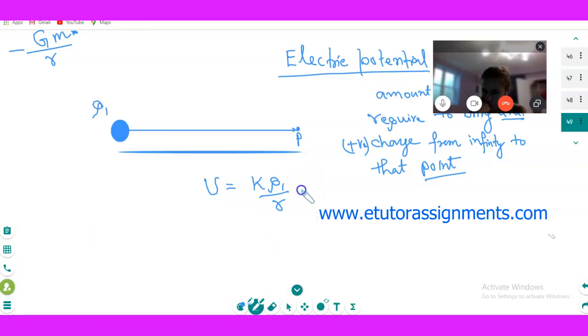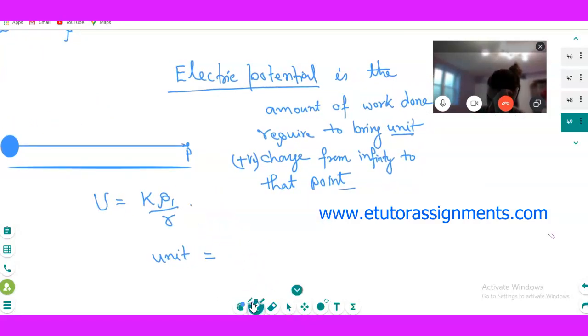It is going to be Newton divided by meter. Wait, one second. It is going to be Newton meter on Coulomb, Newton meter per Coulomb.